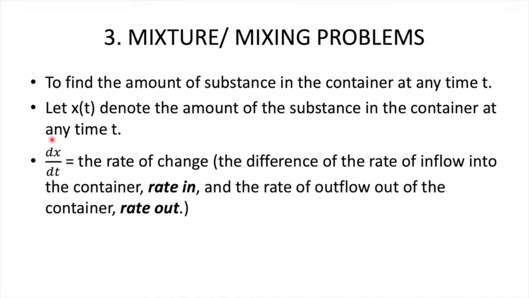And the rate of change of the amount of substance inside the container at any time t will be represented by dx over dt, which is equal to the difference of the rate of inflow into the container or tank, referred to as the rate in, and the rate of outflow out of the container, or the rate out. So basically, the rate of change of the amount of substance in the container at any time t is equal to rate in minus rate out.